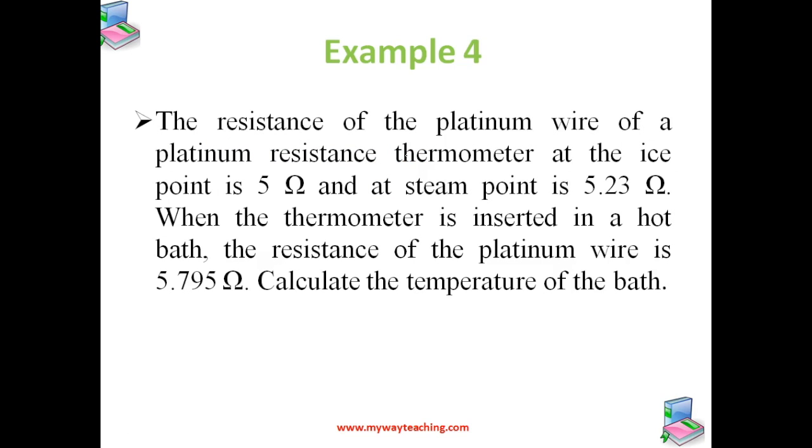Moving to another example. The resistance of the platinum wire of a platinum resistance thermometer at the ice point is 5 ohm, and at the steam point it is 5.23 ohm. When the thermometer is inserted in a hot bath, the resistance of the platinum wire is 5.795 ohm. Calculate the temperature of the bath.